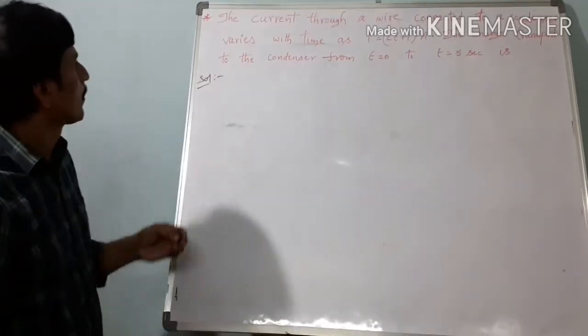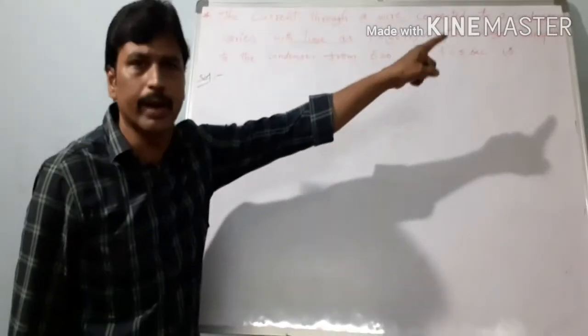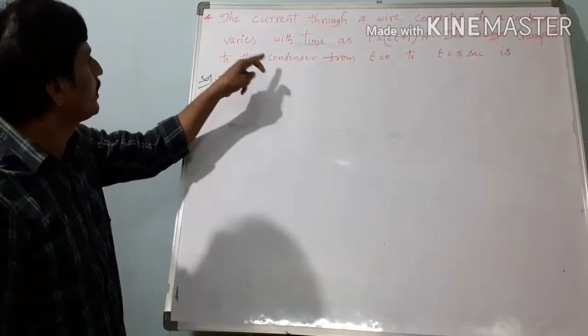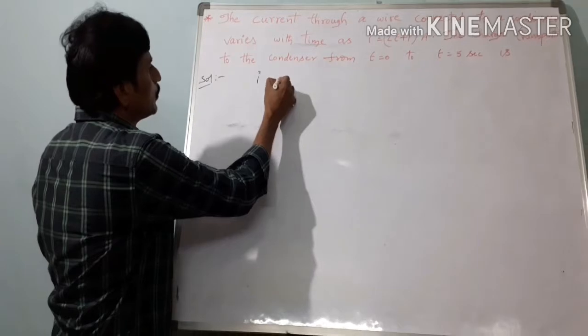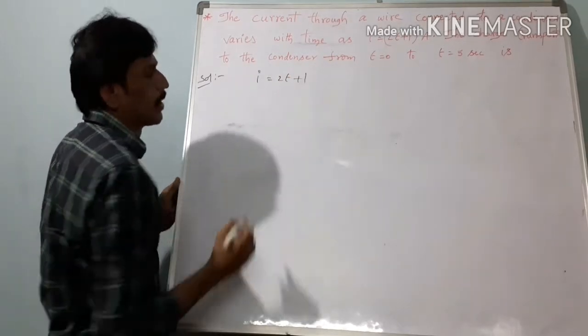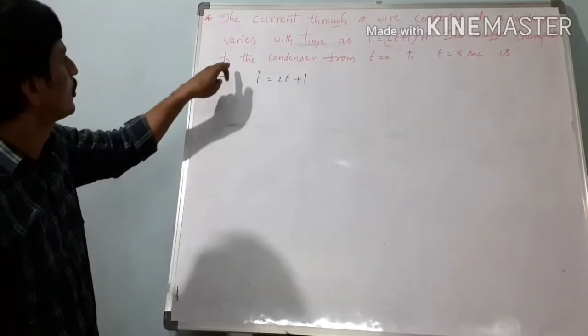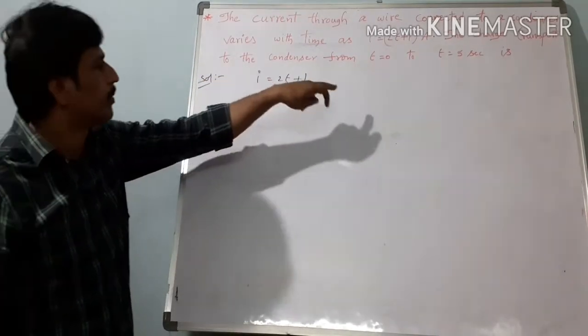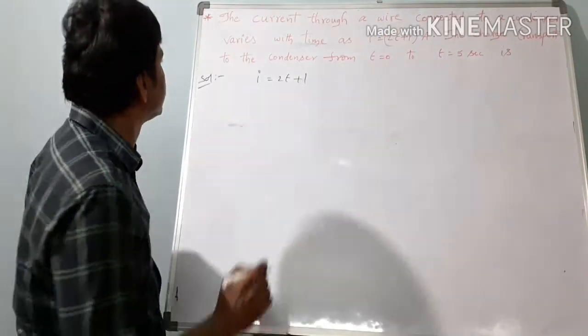Next problem. The current through a wire connected to a condenser varies with time as I equals 2t plus 1. The charge transported to the condenser from t equals 0 to t equals 5 seconds is?